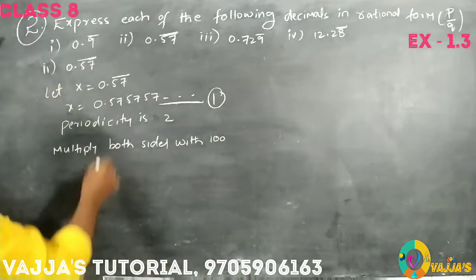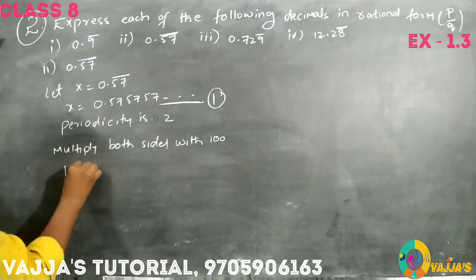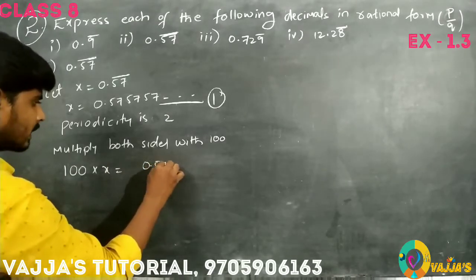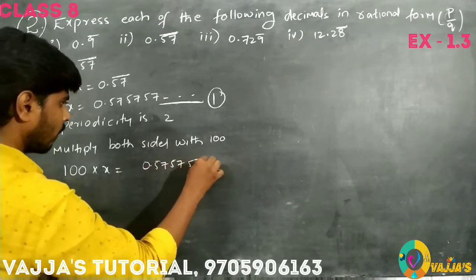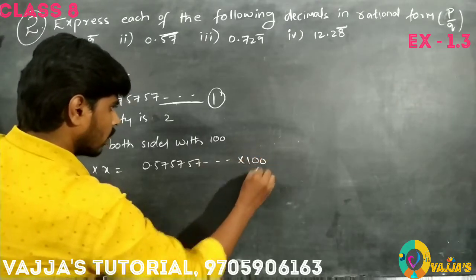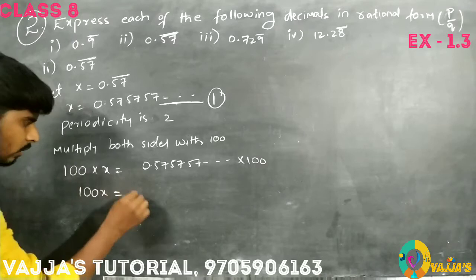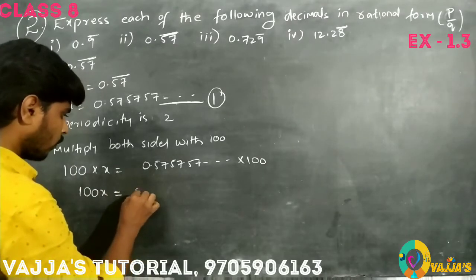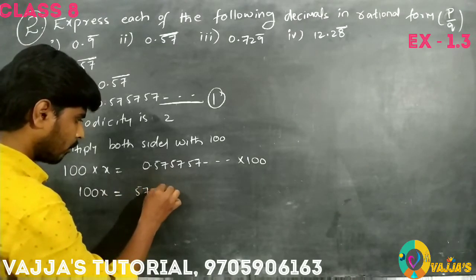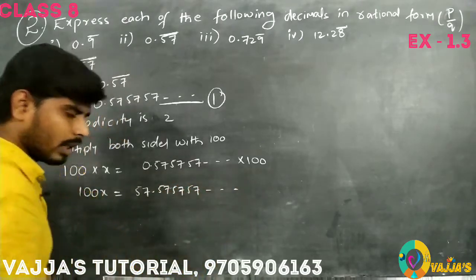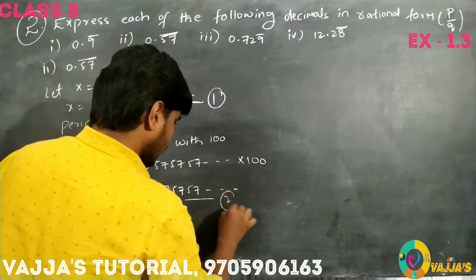What does it become? 100 into x is equal to 0.5757 and so on into 100. So 100x is equal to 57.5757 and so on. Let us consider it is equation 2.